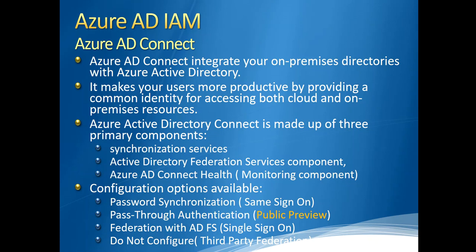When I talk about password synchronization, you're not syncing the password in clear text, or the actual password. Rather, you're syncing the password hash. In fact, it is a hash of a hash, so it's hashed multiple times before it is synced to Azure AD.